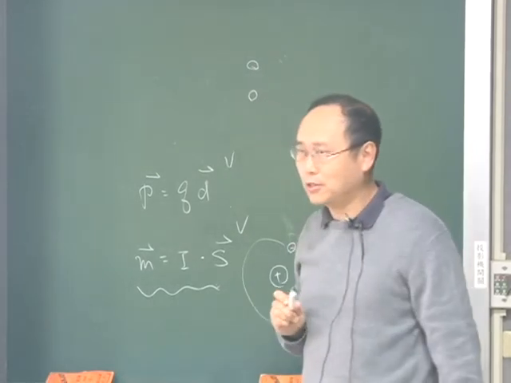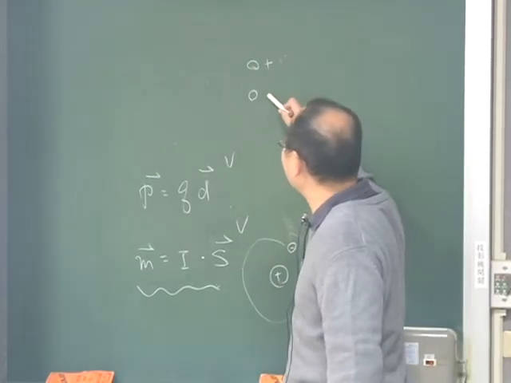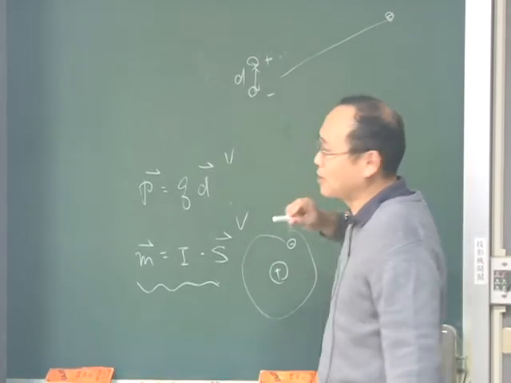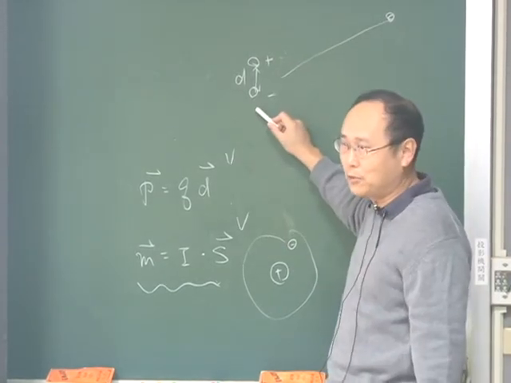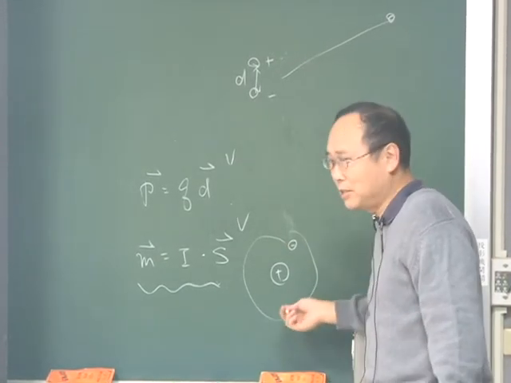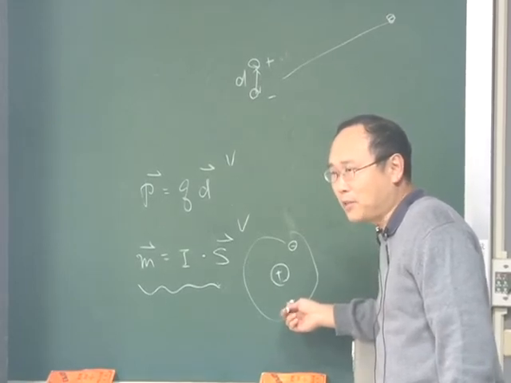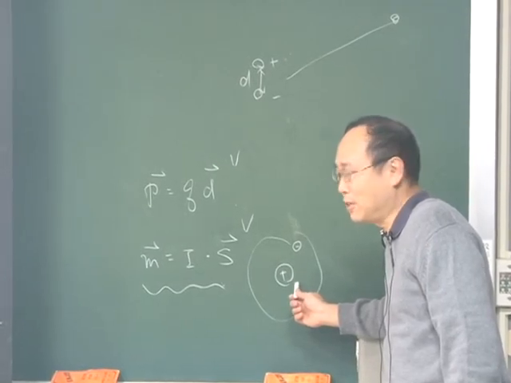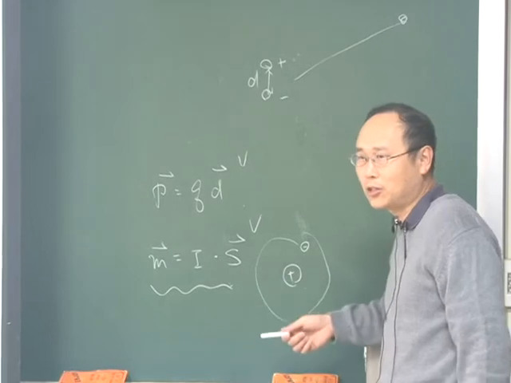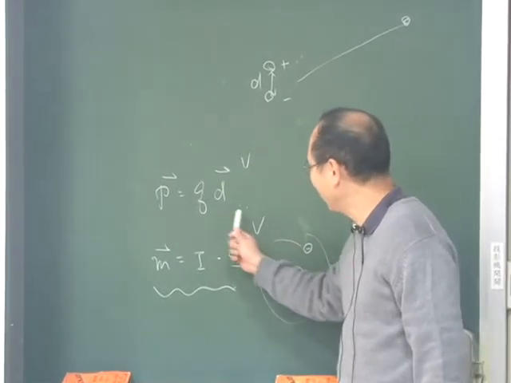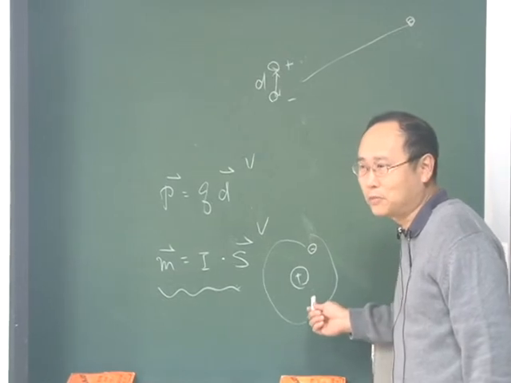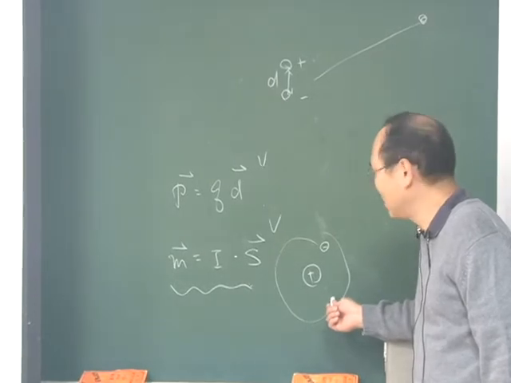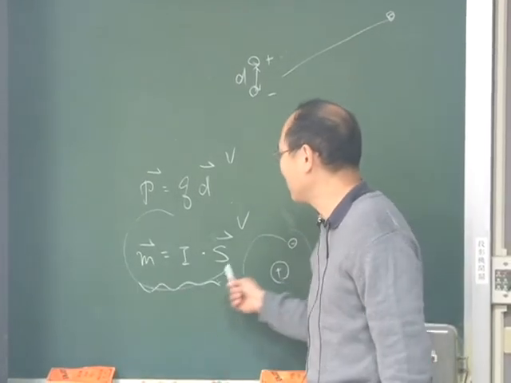In a dielectric material, usually you have positive charge and negative charge separated by a distance d, and we measure some effect far away from this electric dipole. Same thing in the atomic scale. If you have an atom, very often you have a positive charge at the center, and then some negative charge going around, and the magnetic effect from this kind of very small atomic scale magnetic material is described by this magnetic moment.